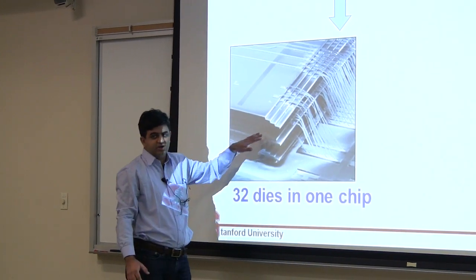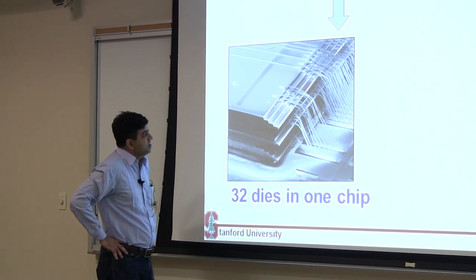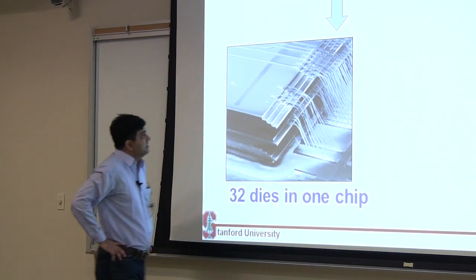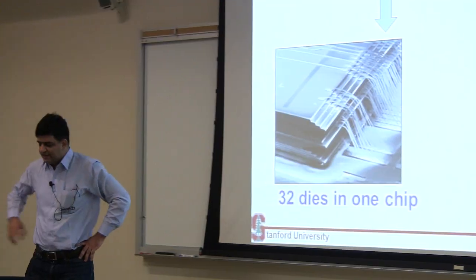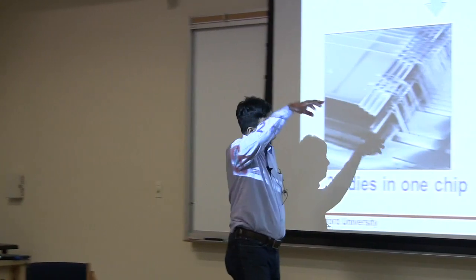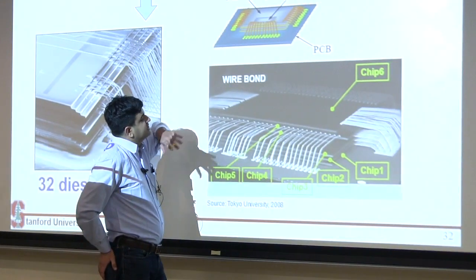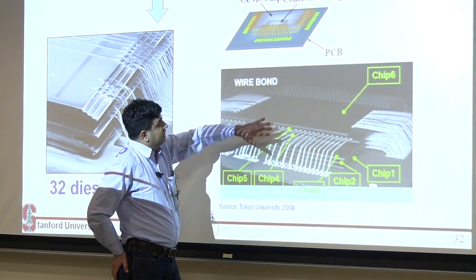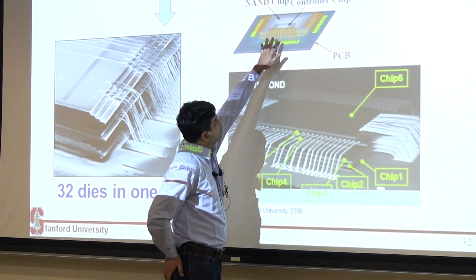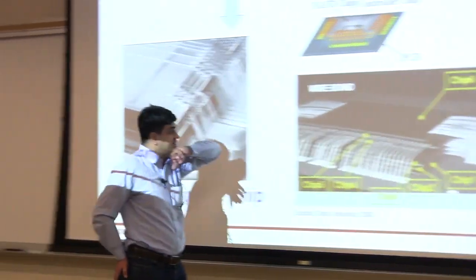Then you place the other domino and wire bond to that one, and then you place the third domino and have wire bonds to that one. And many times you have your controller chip on the top. Your controller is placed on top of these 32 chips, and you'll see that controller communicating with each of these chips. So now you have to again figure out a way for that controller to connect to each of these chips as well.